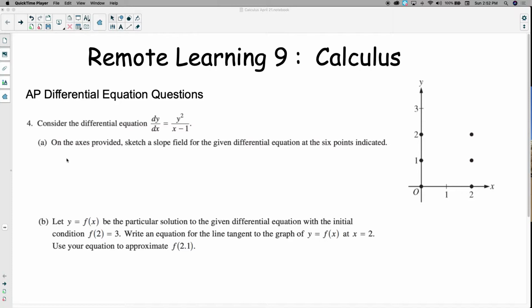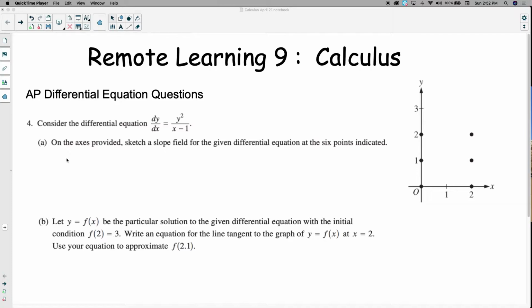Okay, so on the axis provided, sketch a slope field. So in the previous problem, we saw that they gave us a slope field. We were to draw the equation going through the slope field starting at some given point. And that's really like a tracing exercise where you follow the slope until you run into another slope, and then it changes slope, and then you follow that slope, and so on.